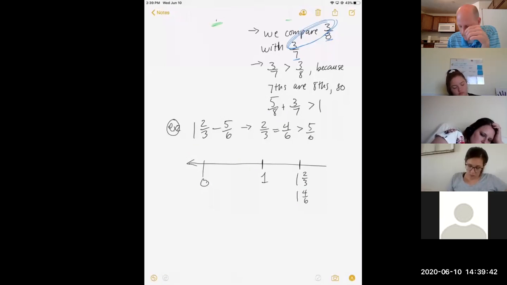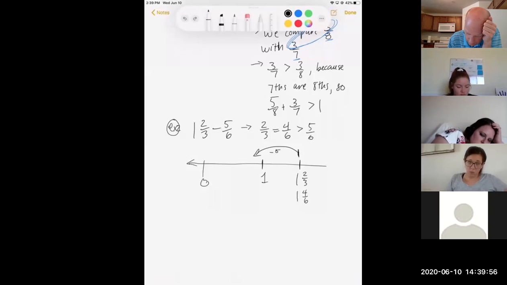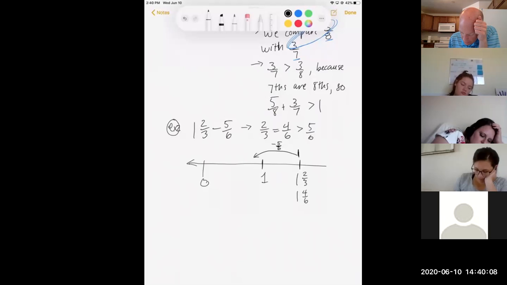That's the same spot. If I subtract 5/6, I'm starting here and I'm going 5/6 back. That's going to put me past 1 on the number line. So if I subtract 5/6, I go past 1. So my difference is less than 1.